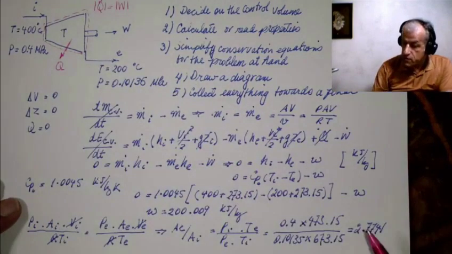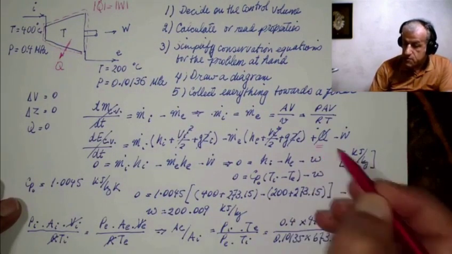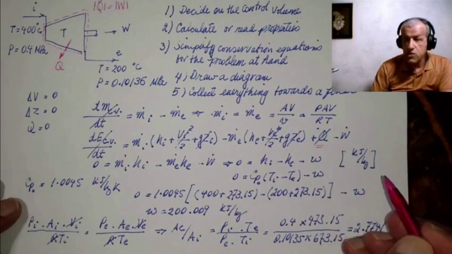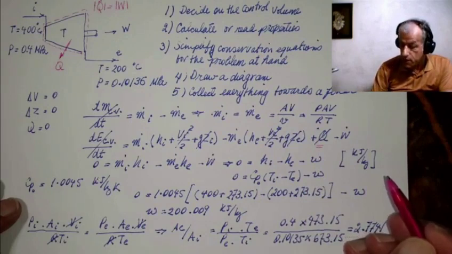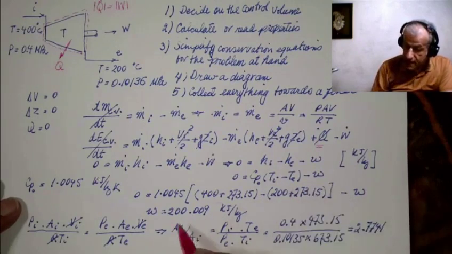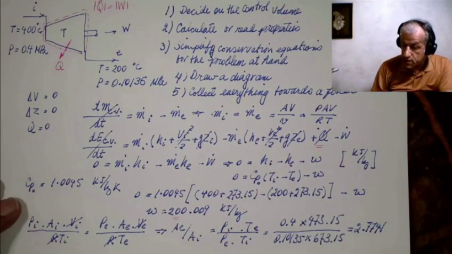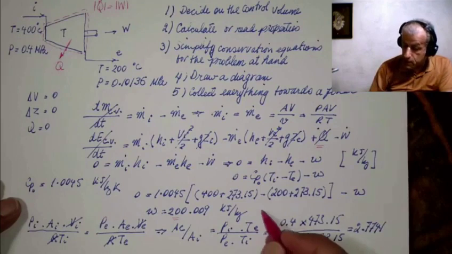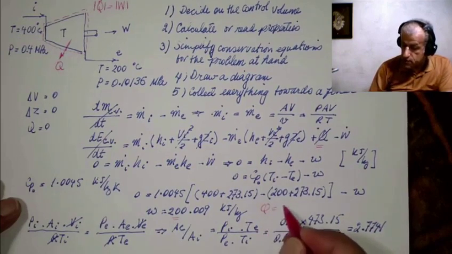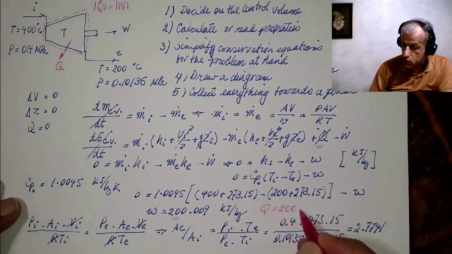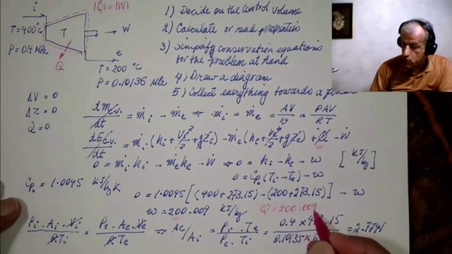Then Q would not be zero, but Q would equal work, and therefore if we have calculated work to be 200, Q would also be 200.009.